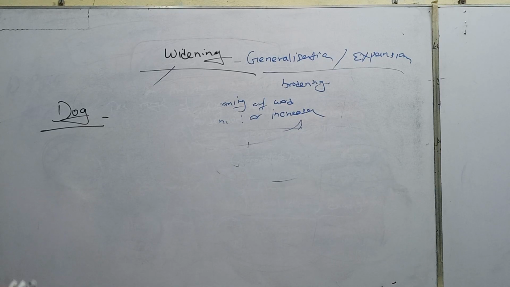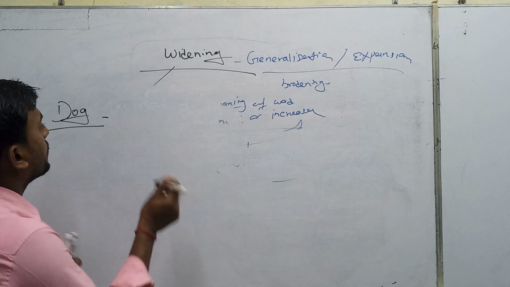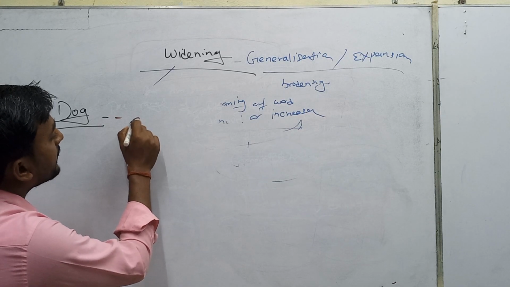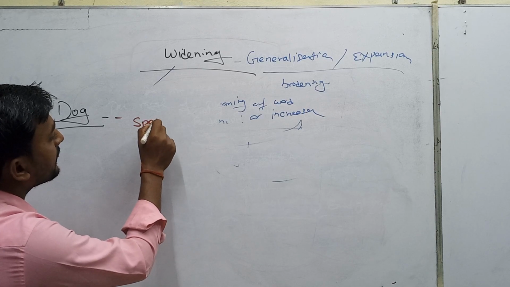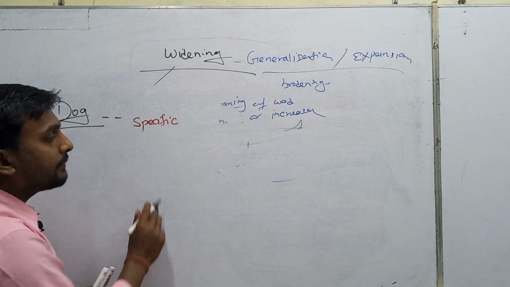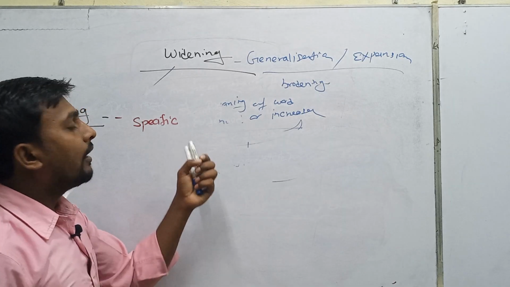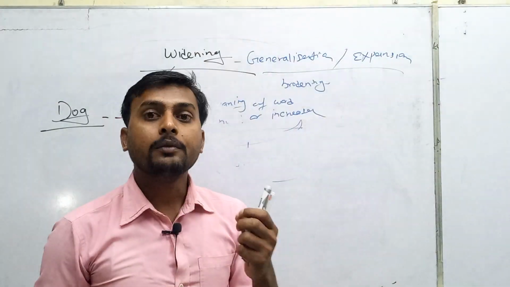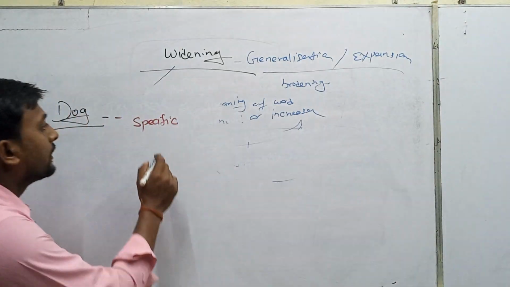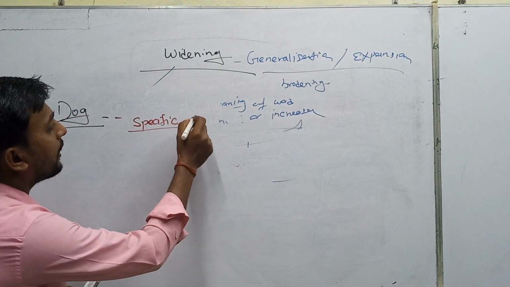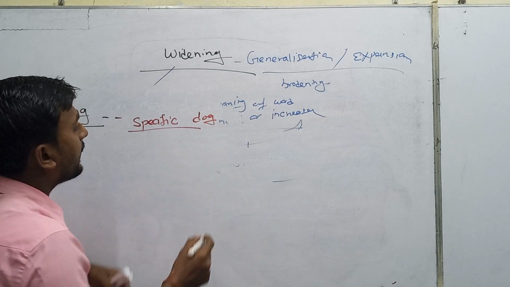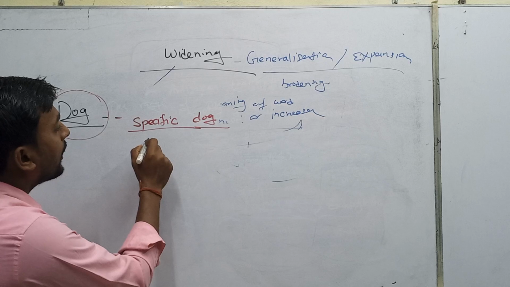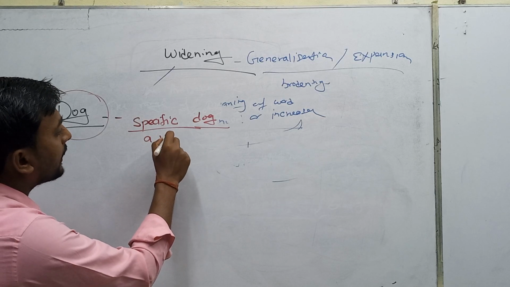In English, dog first appeared as a specific kind, a species of powerful dogs. At the first time, dog was used as a specific dog, a kind of powerful dog.